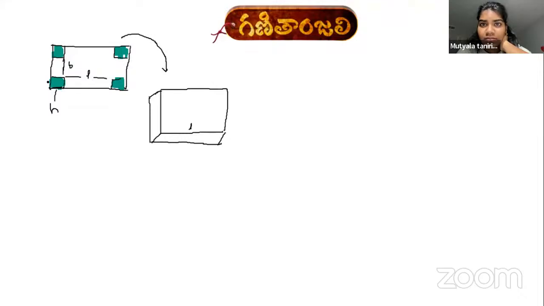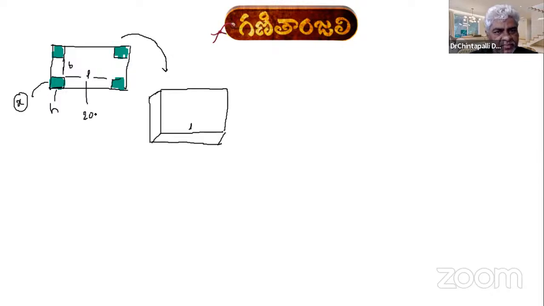Let the side of this corner be x units. Now, what are the original measurements of this box? 20 and 15, sir. So, if it is x, the length is 20 minus 2x. Why 20 minus 2x?